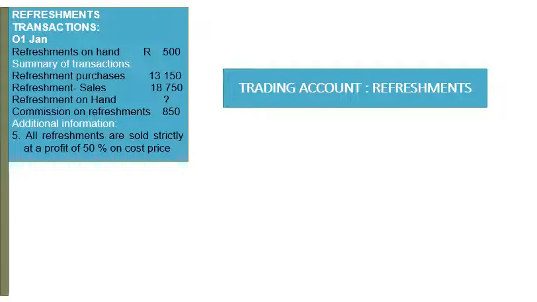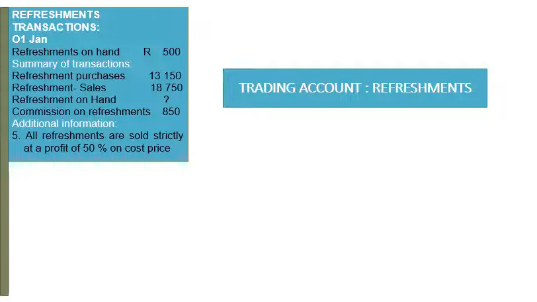Refreshments on hand was not given. It's an amount that must be determined. Commission paid on the sale of refreshments amounted to 850. Under additional information, line 5 indicated that all refreshments are sold strictly at a profit of 50% on cost.